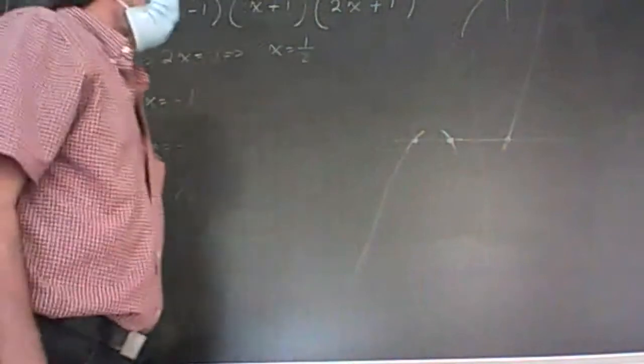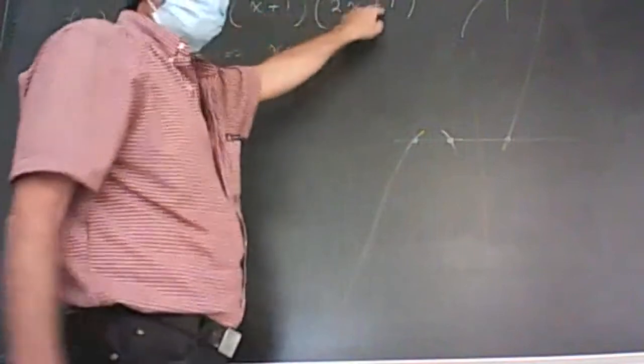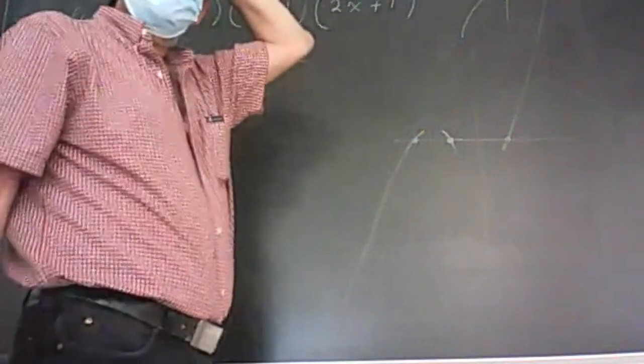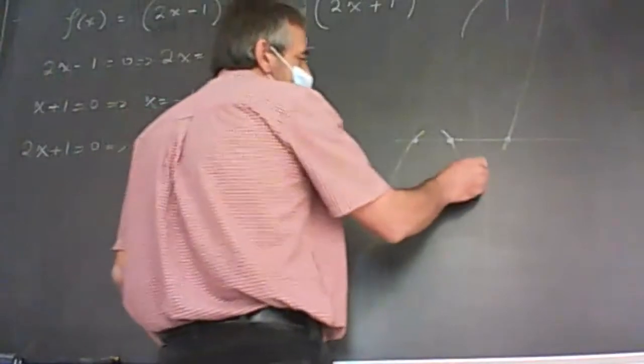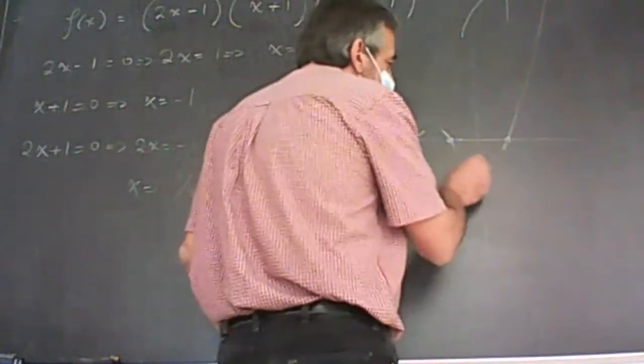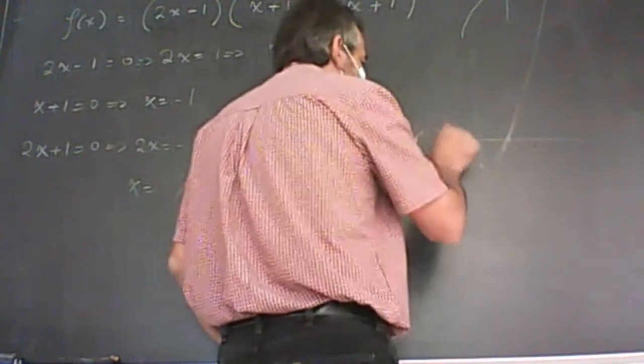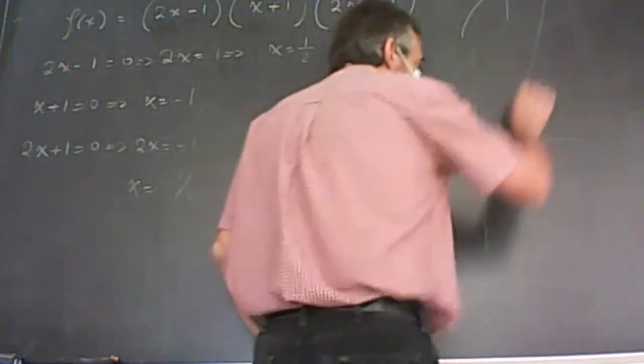Yes? Now, the more points you take, the more accurate your graph is. We can say, for example, what's the y-intercept? We're just going to take the numbers. Negative 1, 1, and 1. If I multiply these, I get a negative 1. So the graph is going to hit that point. I'm just going to use an imaginary situation.